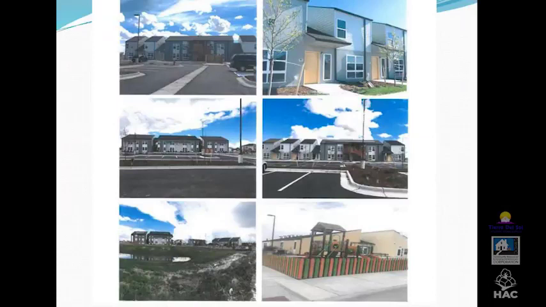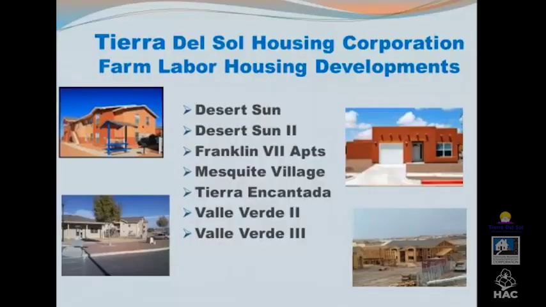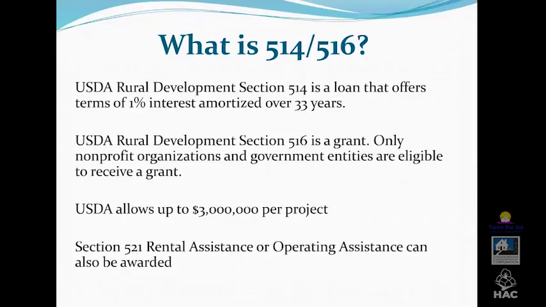So I think just to review, 514 is a loan that can offer up to 33 years amortization at 1% interest rate, so it's a very affordable form of financing. The Section 516 is a grant that can be only provided to nonprofit organizations and government entities. Typically, when USDA provides the notice of funding, they offer up to $3 million as a mix of these funds for each project.